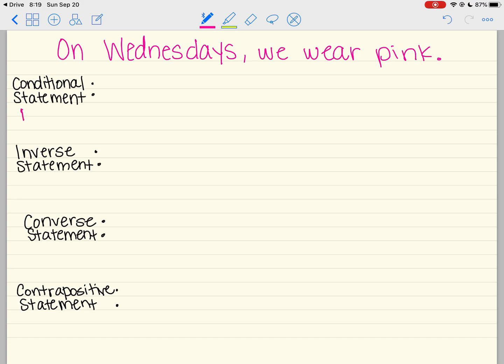So we're going to have a hypothesis, so like if P, then Q. And so in logic statements, that's written as P arrow Q. So P is the hypothesis, Q is the conclusion. I'm not sure why they chose those letters.